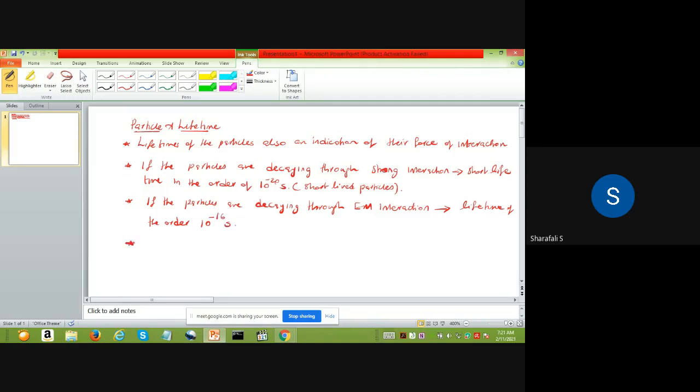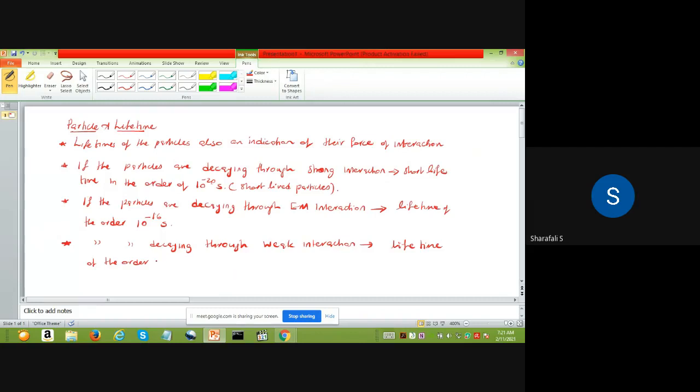And if the particles are decaying through weak interaction, they will have a lifetime of the order of 10 to the power minus 10 seconds.